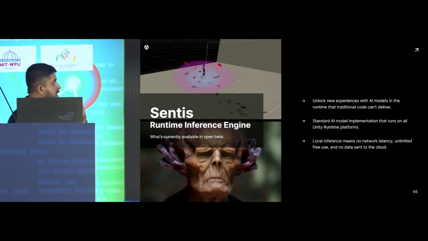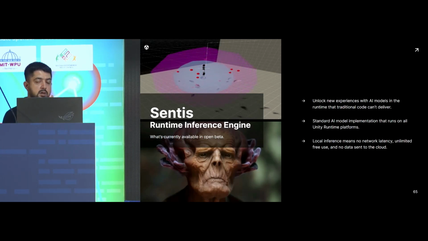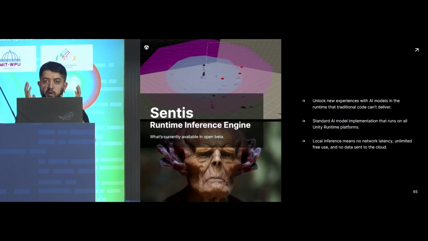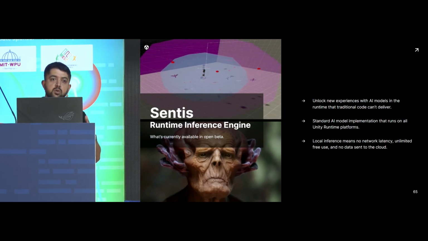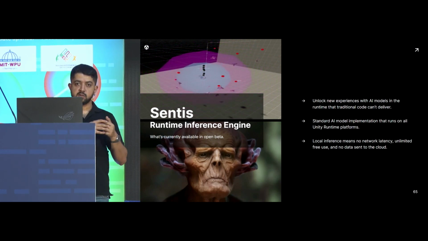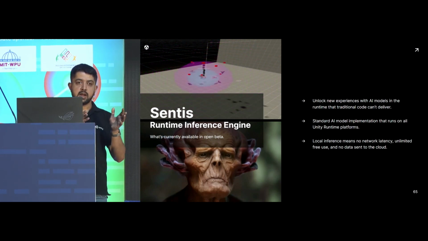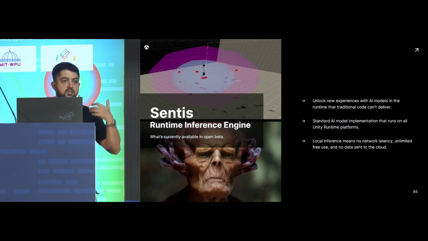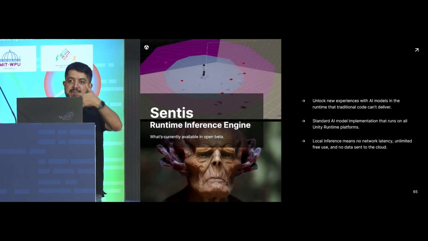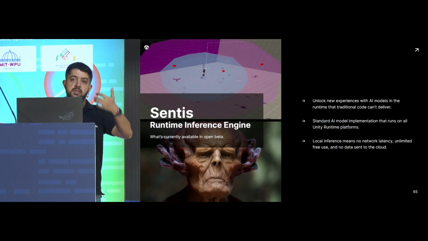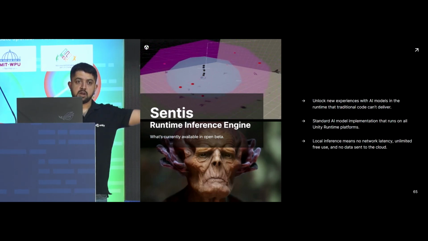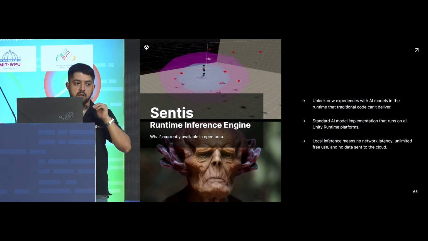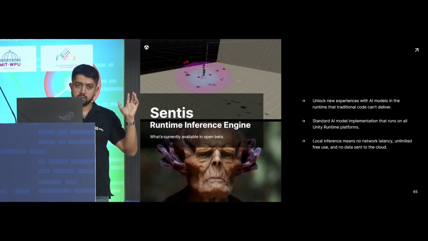We have something called Unity Sentis, which is essentially the ability to use a pre-trained AI model, export it to the ONNX format, and run that as a part of your game. So what that does is it lets you essentially run a neural network inside of your game locally without having to reach out to a cloud platform or without having to put in APIs to access some sort of external service.